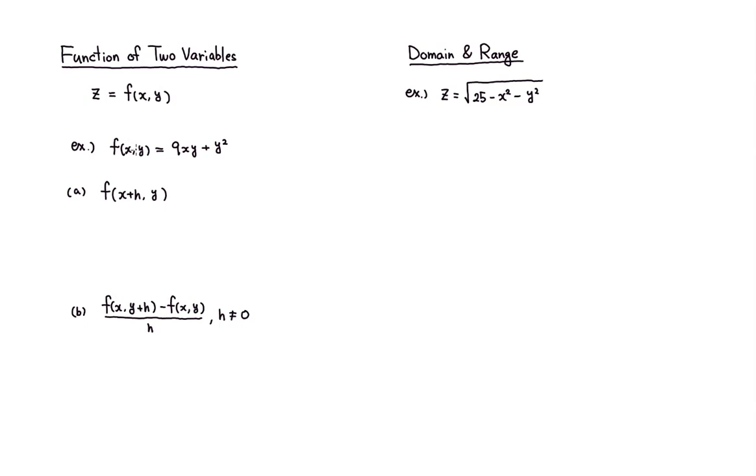Let's say you have a function f of x comma y, which is defined to be 9xy plus y squared. Let's evaluate f of x plus h comma y. All you really have to do is, the first variable is x, so whenever you see x, you replace it with x plus h.